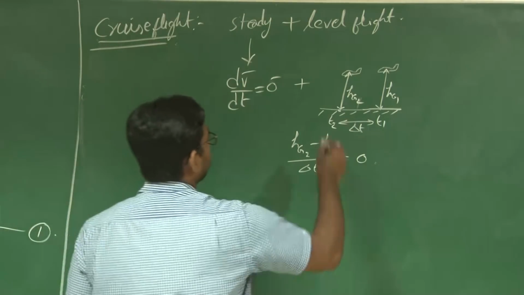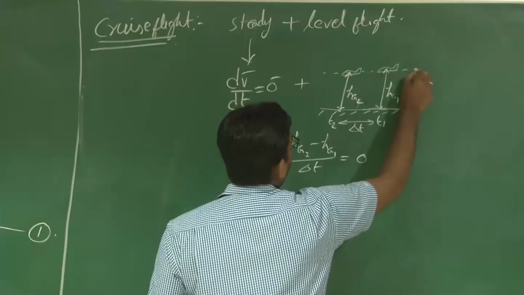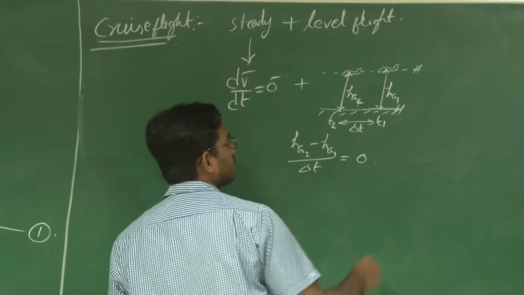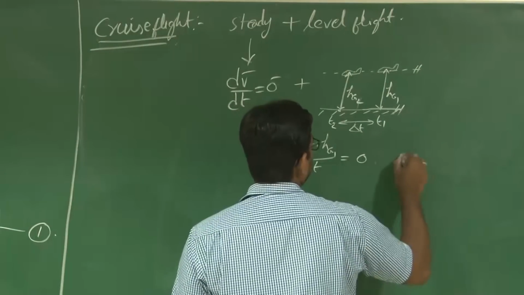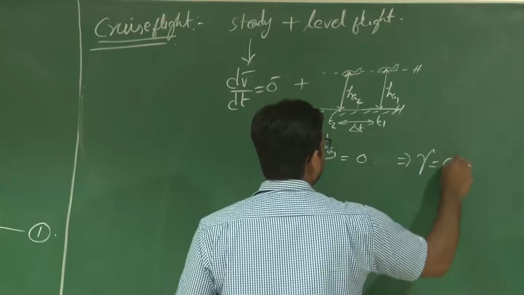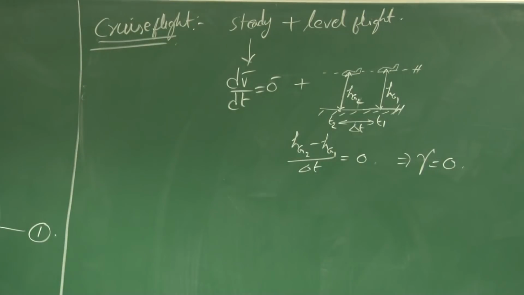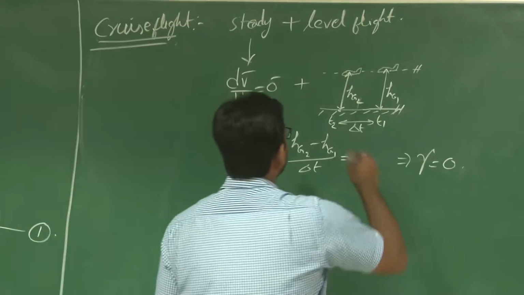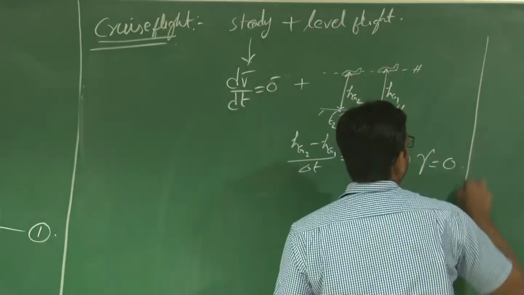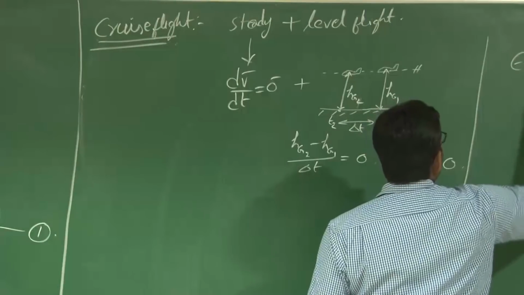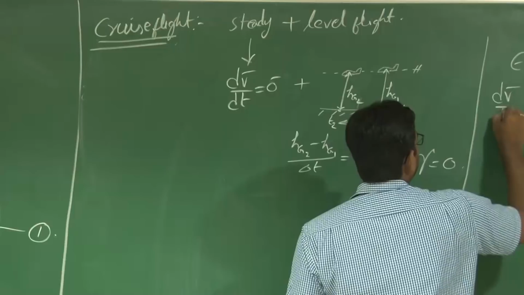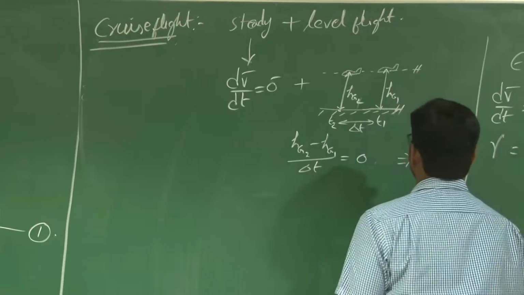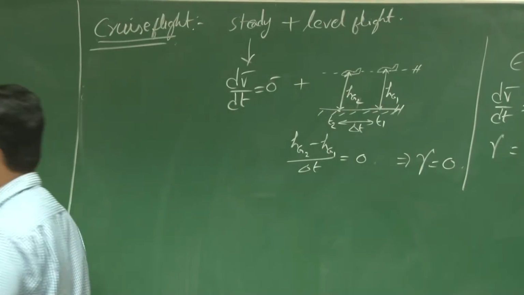So if you have level flight, that means the flight path will be parallel to the local horizontal. So gamma is 0. That means gamma is equal to 0, right? And further assume there is no thrust misalignment, which is epsilon 0. So the total assumptions here are it's a steady flight and level flight without any thrust misalignment.